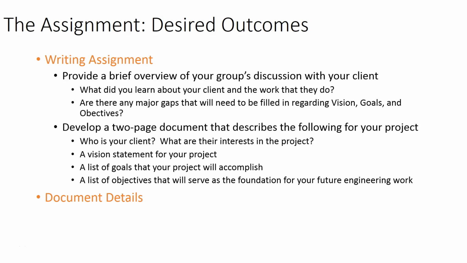And this really is going to serve as the opening section for your final report for this semester. So you're basically building, each of these writing assignments that you're going to be doing is going to be tied to the final report. So this is really the section 1 of your final report that you're developing here.